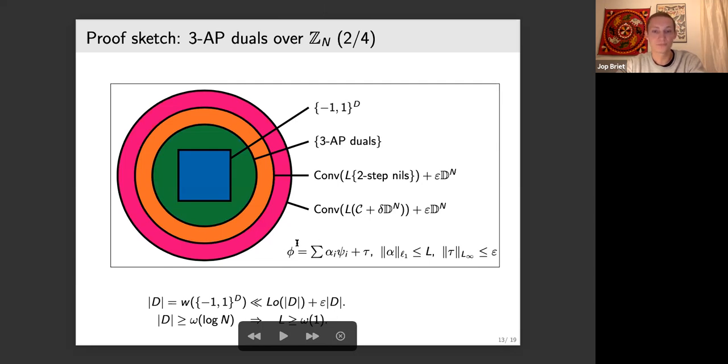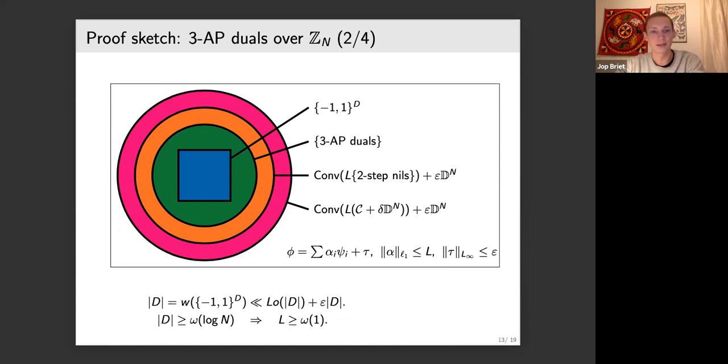There will be a dual function for which this L won't be bounded by a constant. Okay? So that's the high-level overview of what goes into showing counterexamples for efficient decomposition of 3 AP dual functions in terms of two-step nilsequences.